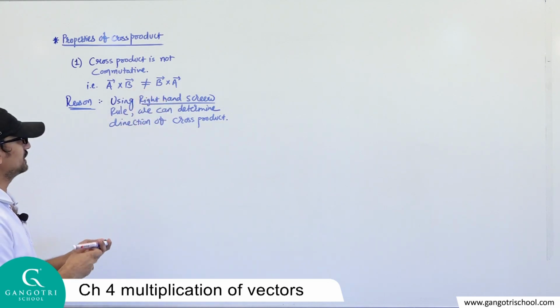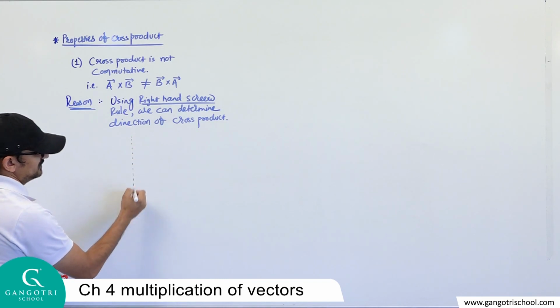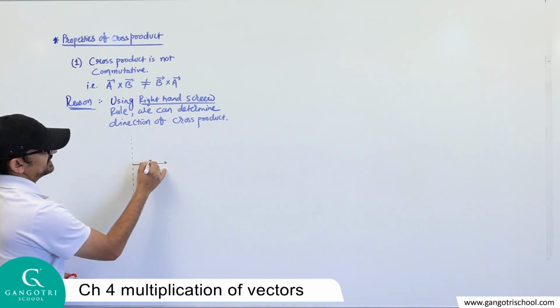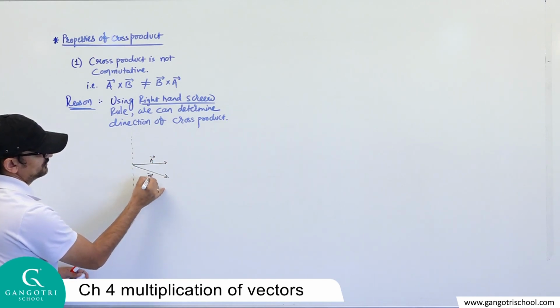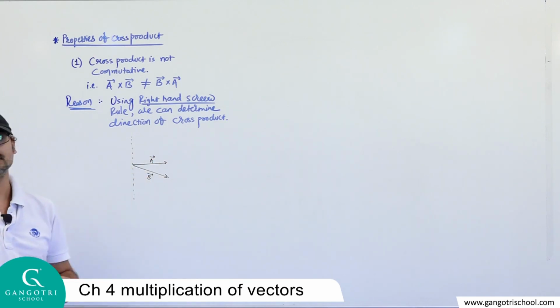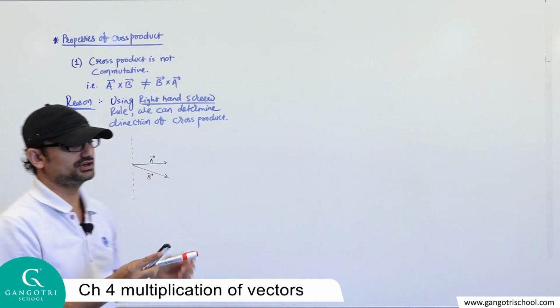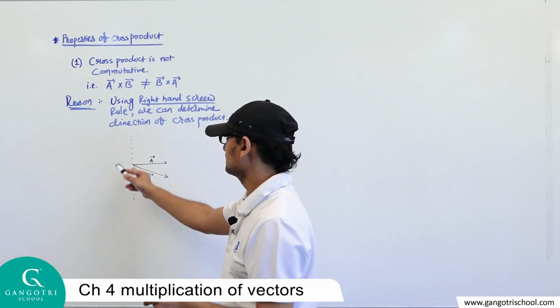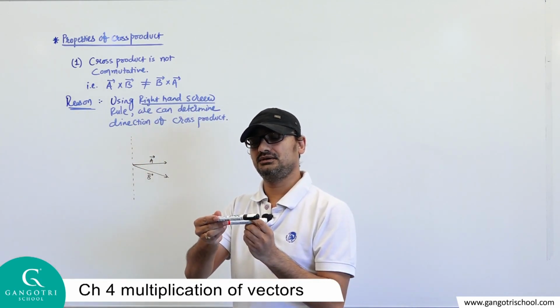For that you have to assume something. For example, suppose this is vector a and this is vector b. As shown in this diagram, consider this is vector a and this is vector b.